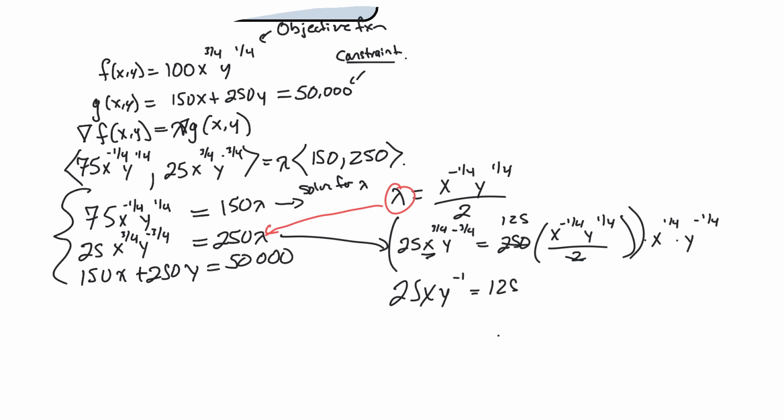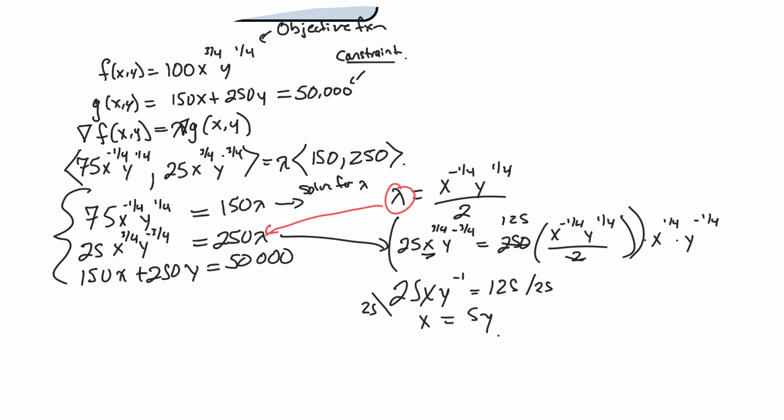And then y also cancels. And then we can divide both sides by 25 as well and move the y over. So x is equal to 5y. I did that by dividing 125 by 25, which is 5, and I multiplied both sides by y to get rid of the negative 1.